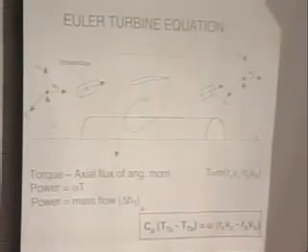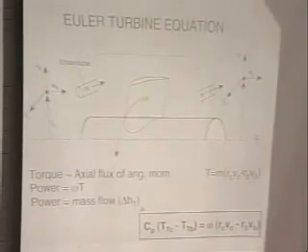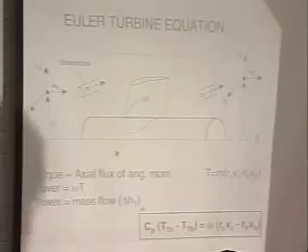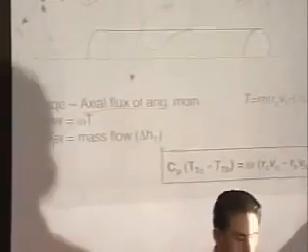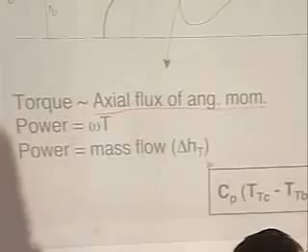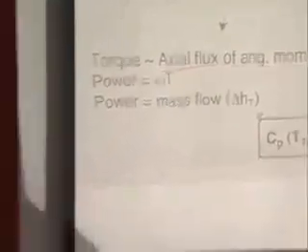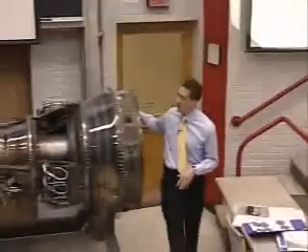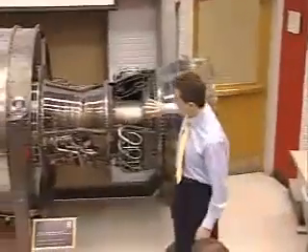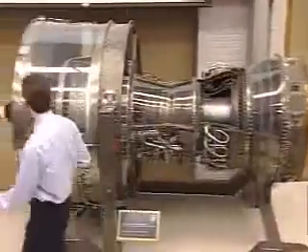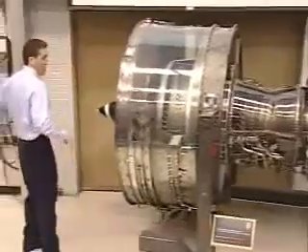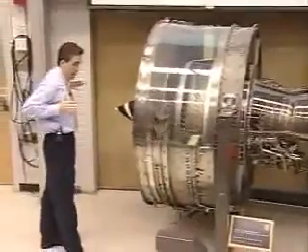And what we care about on this is the axial flux of angular momentum, because that's what's going to put the torque on the shaft, or that's what putting torque into the shaft with the turbine, which is the back part of this, does. It puts some torque on this, and then your flux of angular momentum, it's coming in.